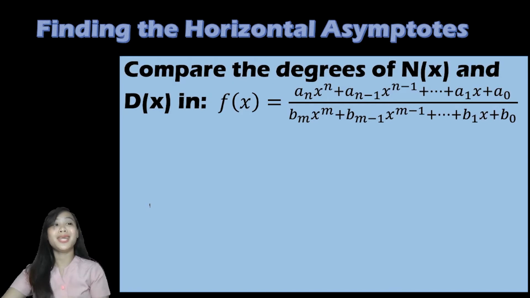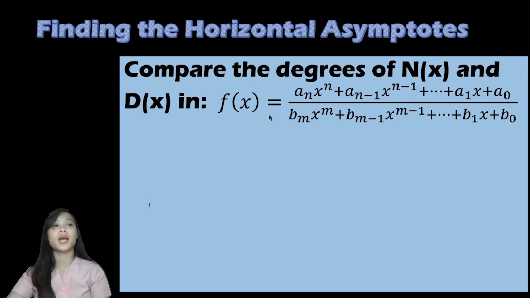How can we find this horizontal asymptote? Here, we need to compare the degrees of the polynomial in your numerator and in your denominator. So here is the form of the rational function. We have the numerator: a sub n, x raised to n, which is the highest order, plus a sub n minus 1, and so on in descending order.